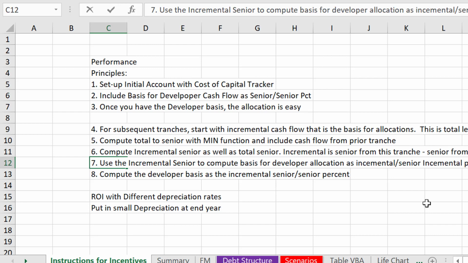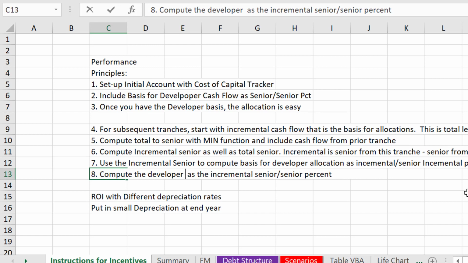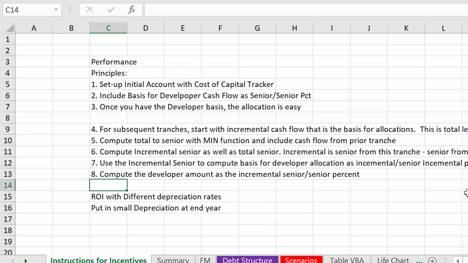I'll use the increment to compute the basis. That's correct. And compute the developer percent amount as the basis times the developer percent.